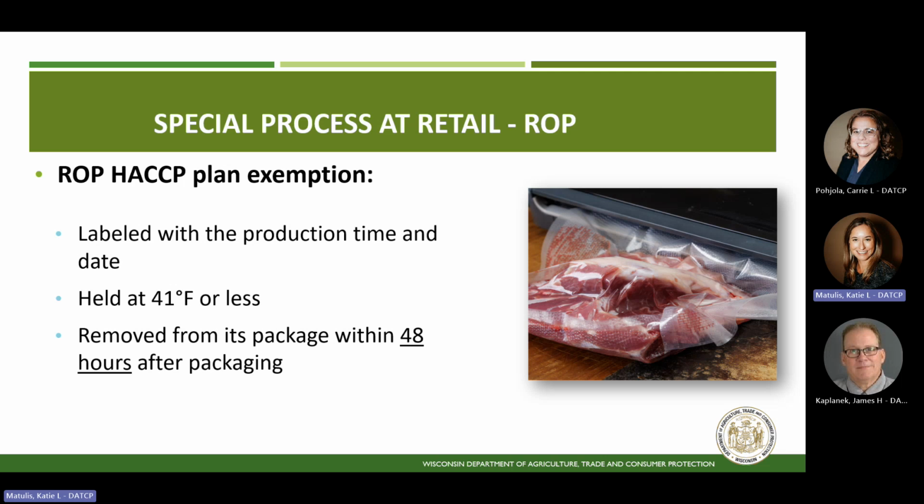The exemption states that a HACCP plan is not required when a food establishment uses a reduced oxygen packaging method to package a TCS, or time temperature control for safety food that is always 1, labeled with the production time and date, 2, held at 41 degrees Fahrenheit or less during refrigerated storage, and most importantly, number 3 is removed from its package in the food establishment within 48 hours after packaging.